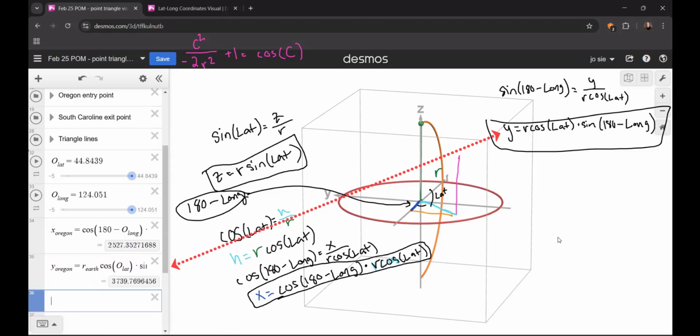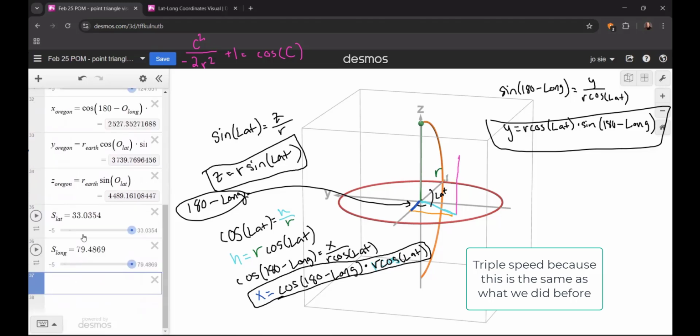Got a y-coordinate there. And then our z-coordinate for Oregon is equal to the radius of the Earth times sine of Oregon's latitude. Coordinates for Oregon. Now we're going to do the same thing for South Carolina.